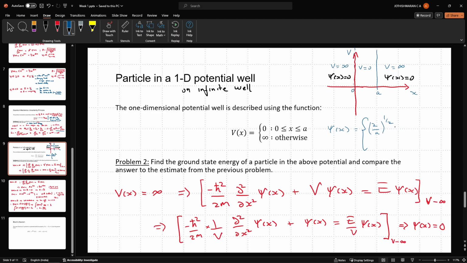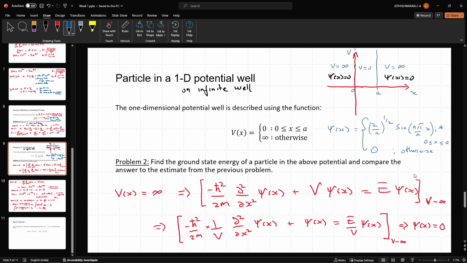Yeah, this is easier for me. Sine n pi upon a into x, for x, let me write it on the line below, and 0 here. So this is 0 less than or equal to x less than or equal to a, and it is 0 otherwise. So this is the complete solution for the particle in a 1D box.